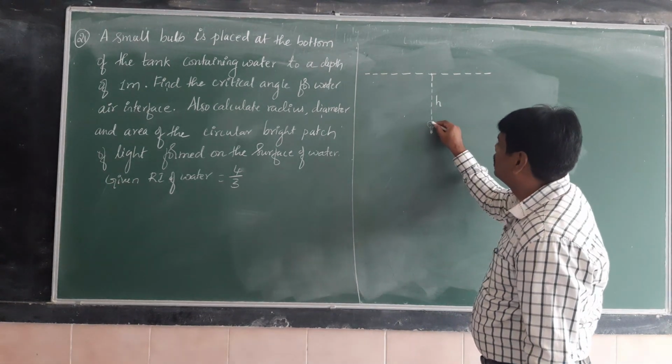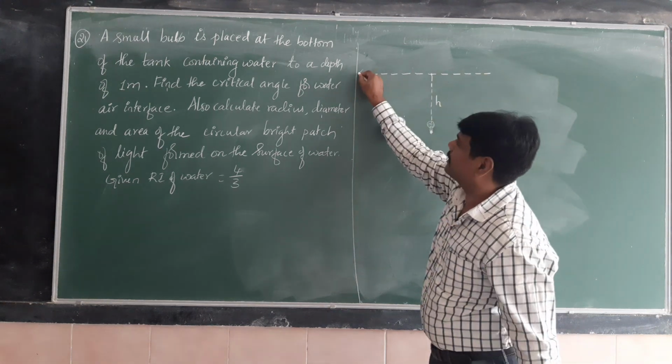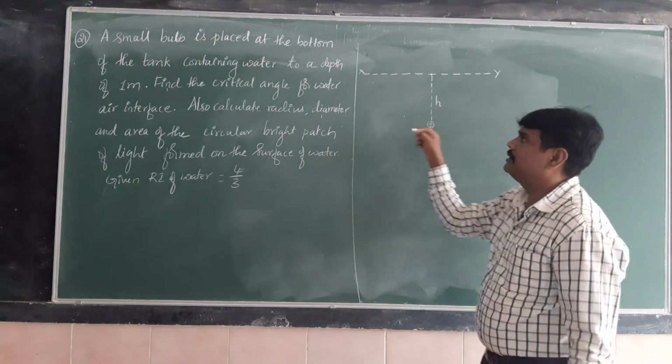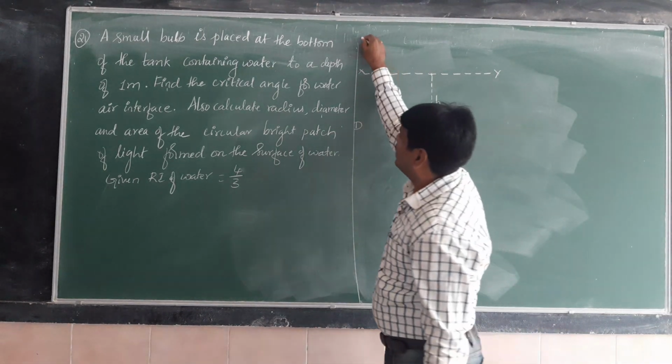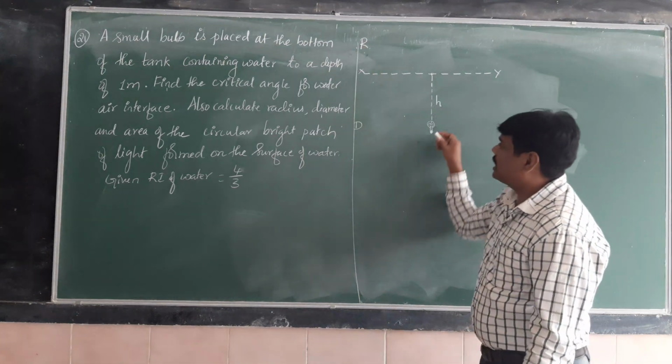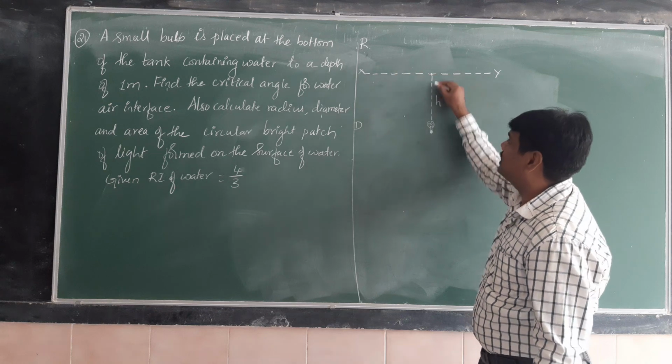Now what happens? If xy is the plane surface which separates two media, with a denser medium and a rarer medium, and the light travels exactly perpendicular to this surface, it can pass without bending.